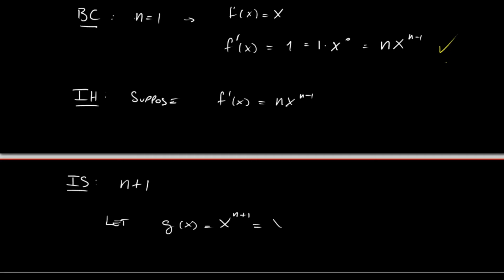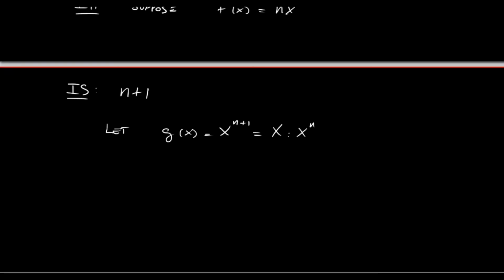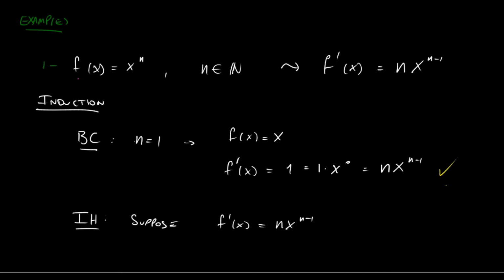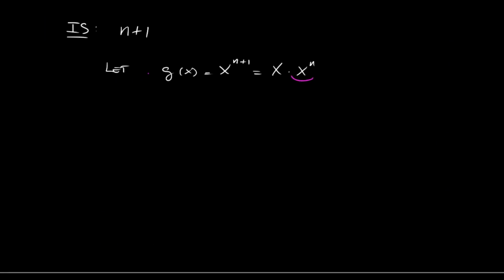This is another way of writing x times x to the n. And x to the n is our original function. So then g of x is just x times f of x.